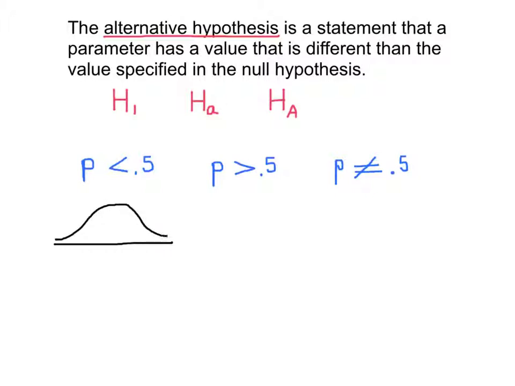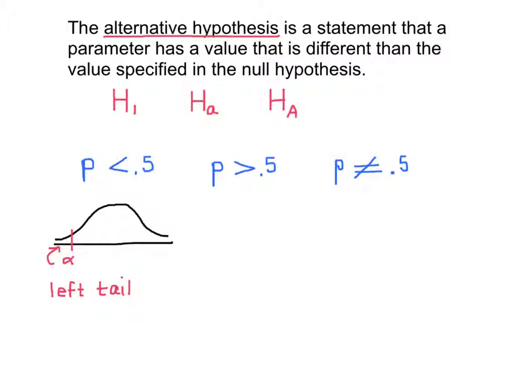And it means that our tail will be over here. This is our alpha area. And we'll be doing a left-tailed test because we're talking about whether or not P is less than 0.5. So this is a left-tailed test.